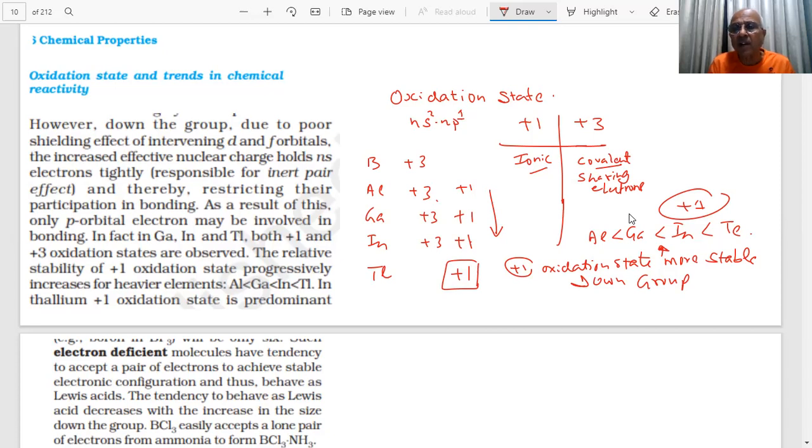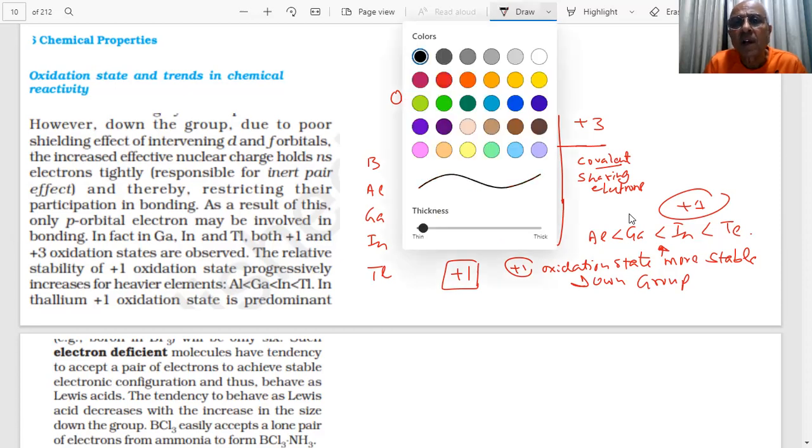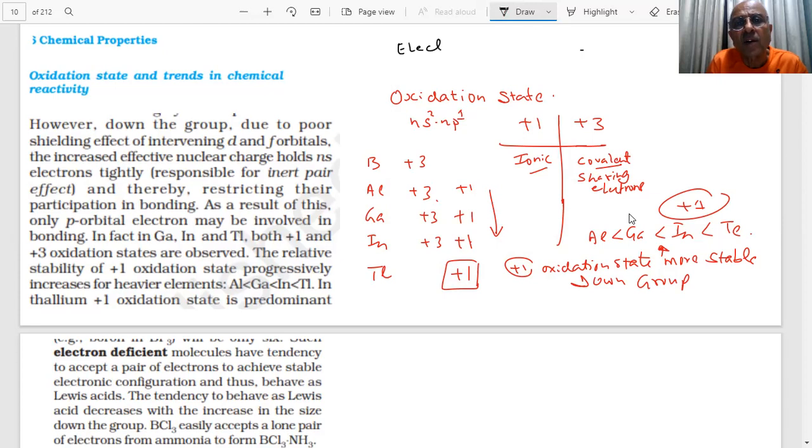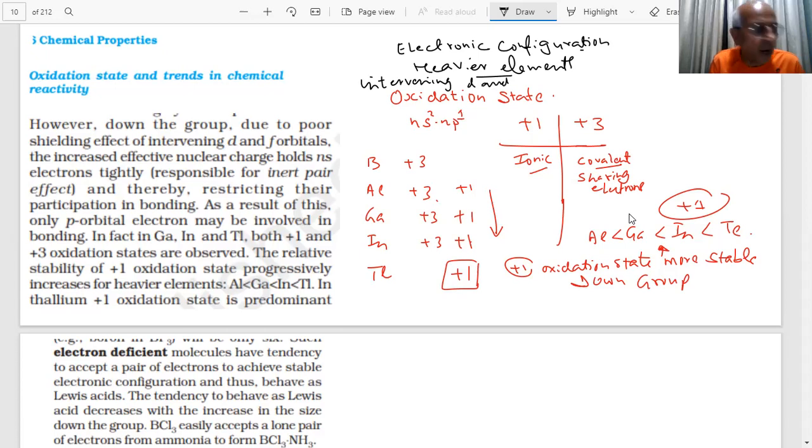I said most of the answers lie in the electron configuration. If you study the electron configuration, as you come to the heavier elements, what is happening? There are intervening d and f orbitals.